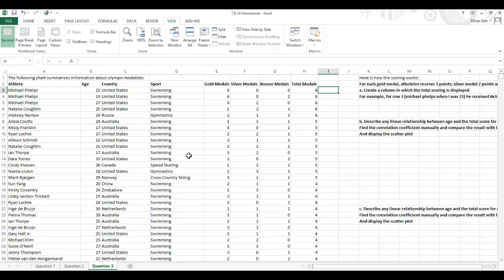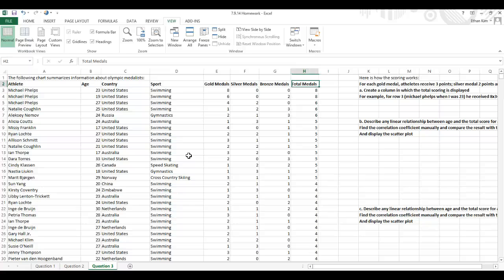Okay, but this is how we're going to see this: for each gold medal, we're going to make a scoring column here, and we're going to see if there is any relationship between scoring and age.